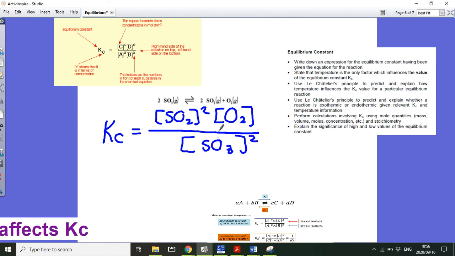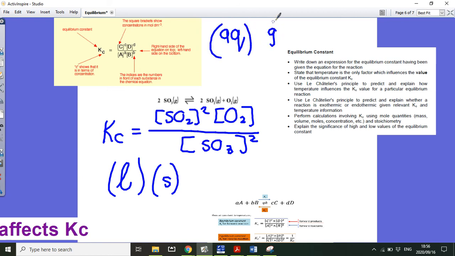That's my coefficient. Please remember if there's a liquid or a solid, they don't change concentration. So for the liquid and the solid, you'll just place a 1. So in our Kc calculation, I'll only make space for aqueous and for gases.